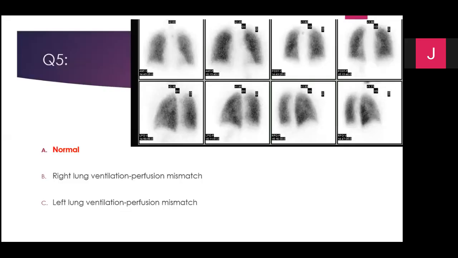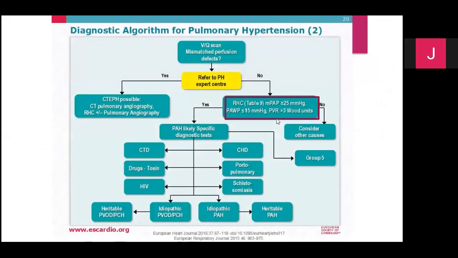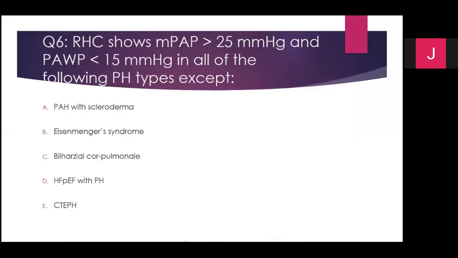So, back to the question, this is a normal VQ scan. And back to the algorithm, this rules out chronic CTEPH in our patient, so the next step is to do right heart cath.